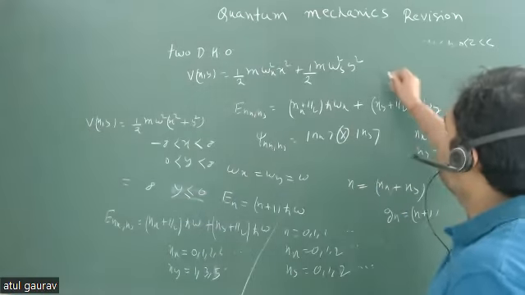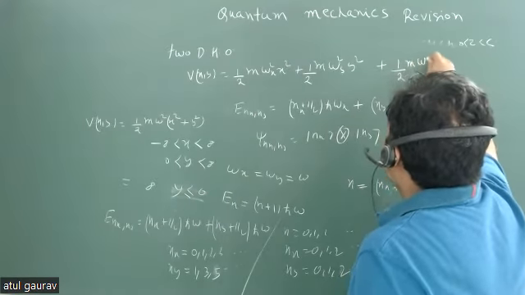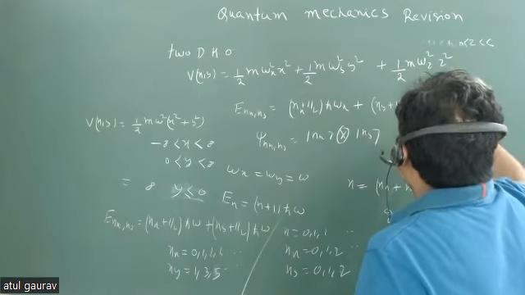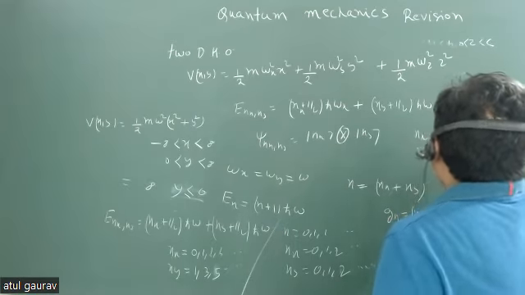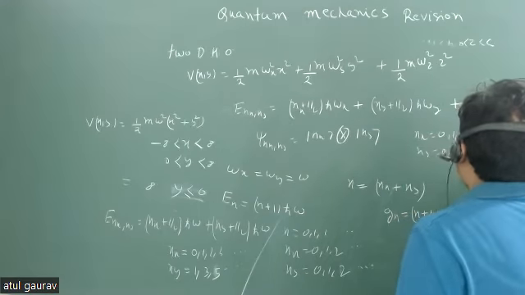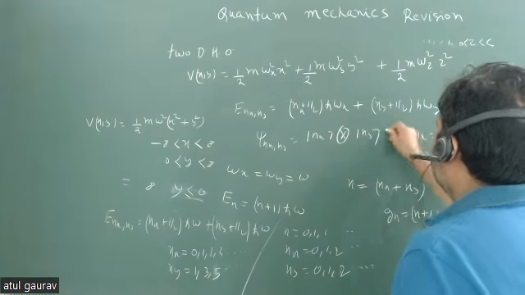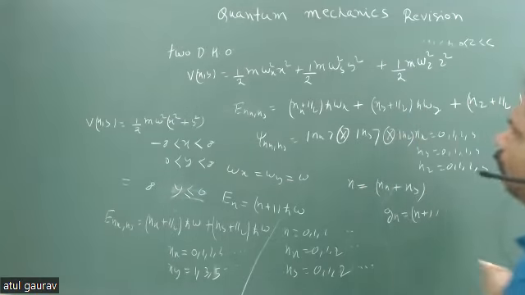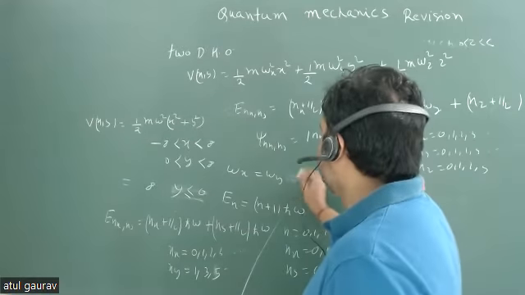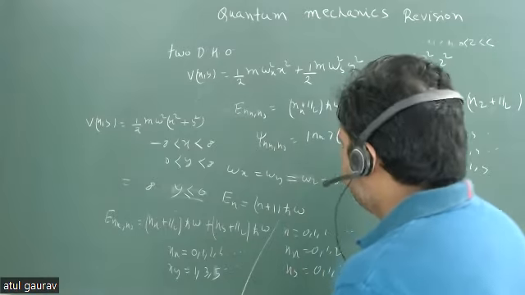When you have it, there will be half m omega z squared, then (nz plus half) h-cut omega z, with nz equal to 0, 1, 2, 3, and another wave function for nz. So you can prepare all this, but what will happen when omega x equals omega y equals omega z equals omega? How will things change?